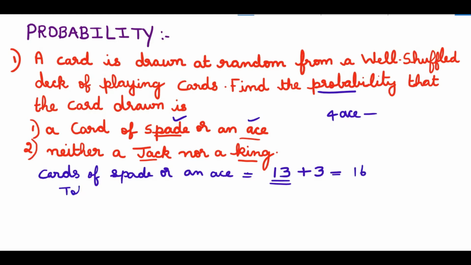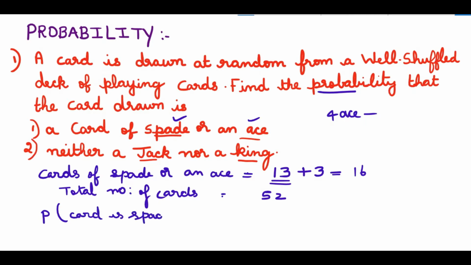Now what is the total number of cards? The total number of cards is 52. What is the probability that the card drawn is a spade or an ace?